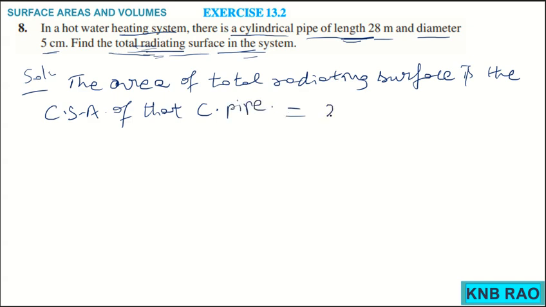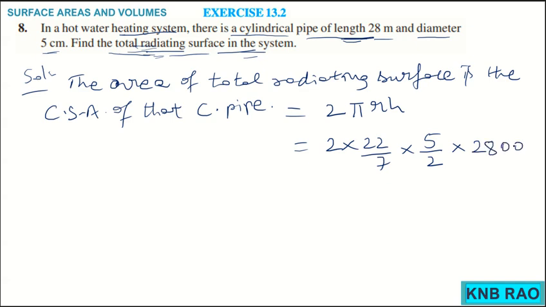We have to find it through the formula 2 pi r h: 2 into 22 by 7 into radius. Here the diameter is 5, so the radius becomes 5 by 2 centimeter, and here the height or length 28 meter, converted into centimeters, becomes 28,000 centimeters.